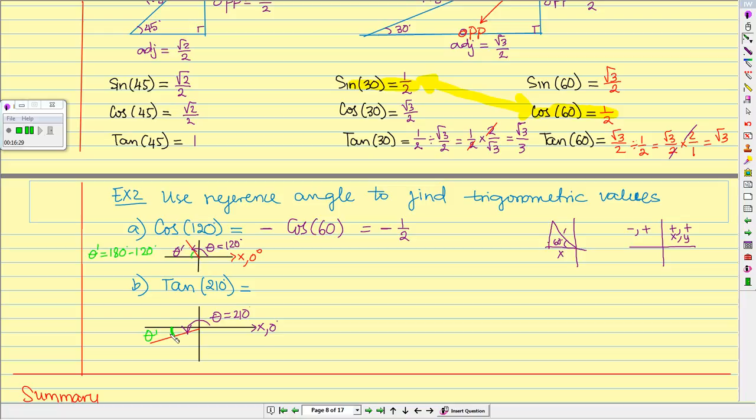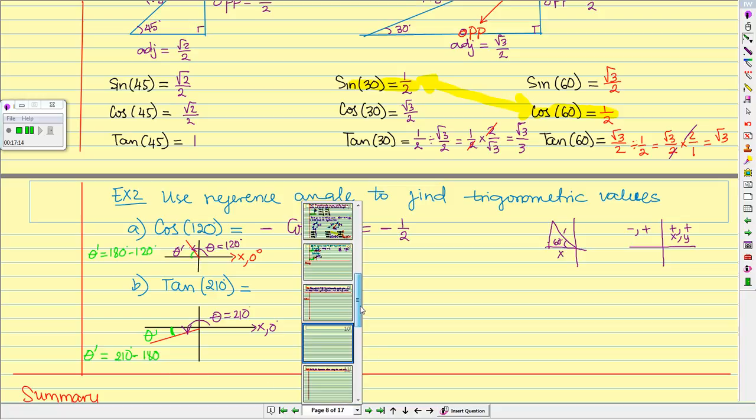Since the terminal side of the angle theta is in quadrant 3, your reference angle theta prime is equal to 210, the given angle, minus 180. And that will give me 30 degrees.